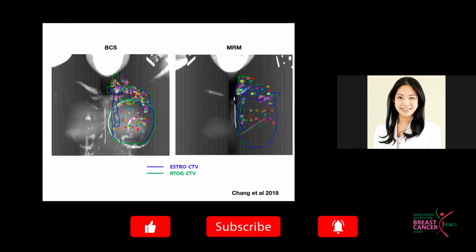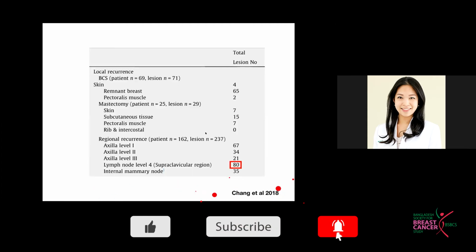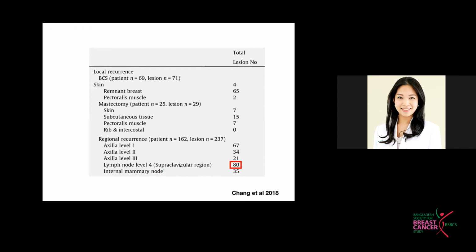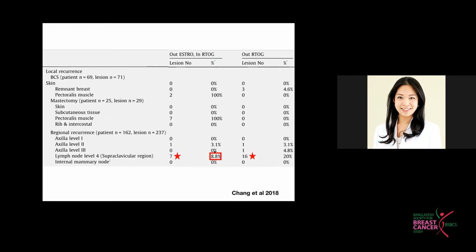Green is for arterial G volume and blue is for estro. You can see that most of the patients recurred at lymph node level 4, so in the supraclavicular region. 88% of those recurred outside SL and inside RTOG, and 20% recurred totally outside RTOG.